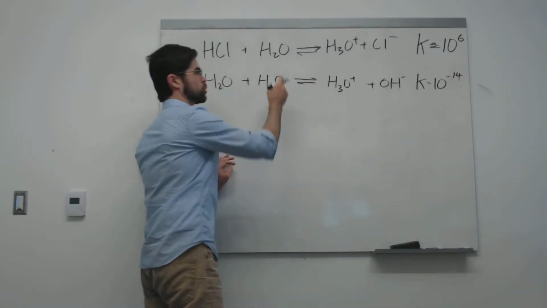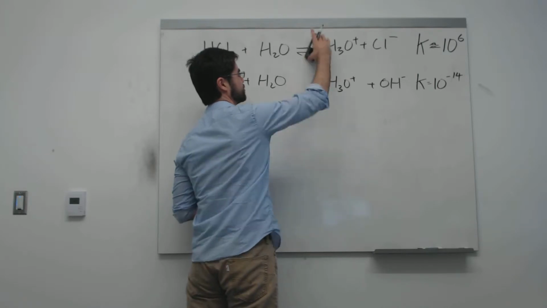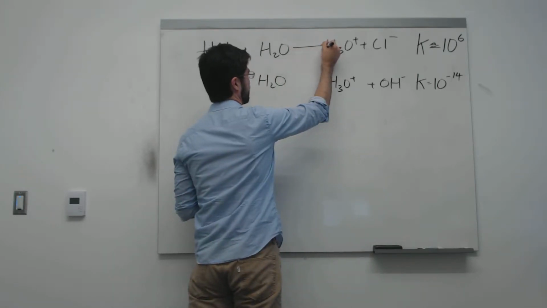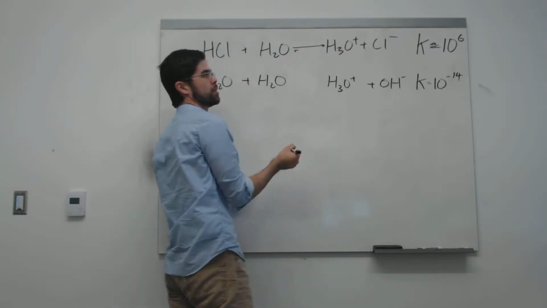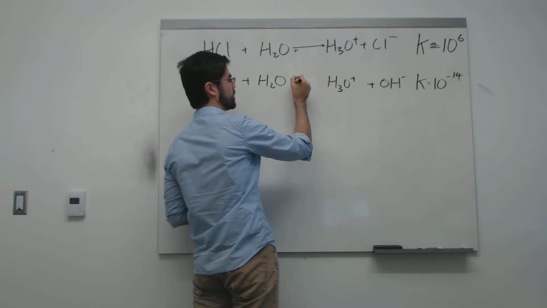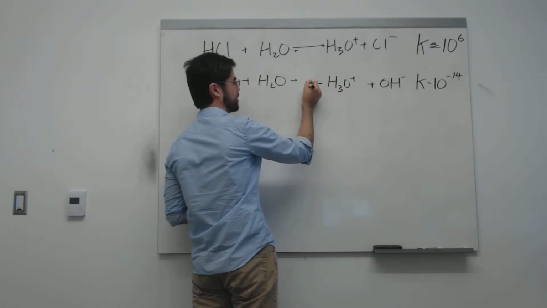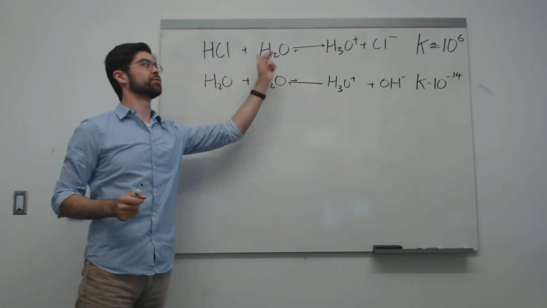Meaning that if I were going to make these arrows more representative, I would say this one has a very large forward reaction and only a very, very small backwards arrow. This one has a very small forwards arrow and a very large backwards arrow.